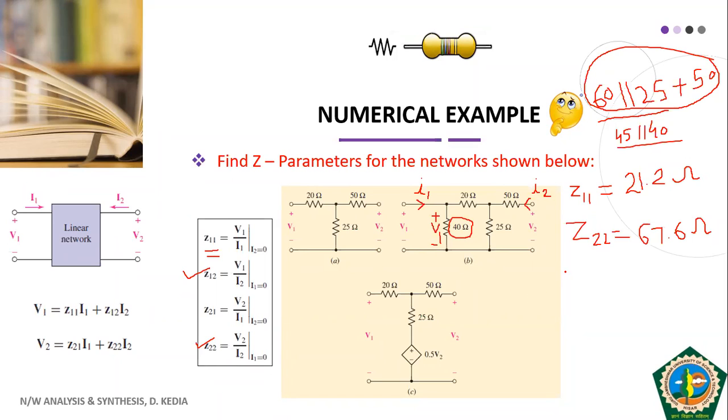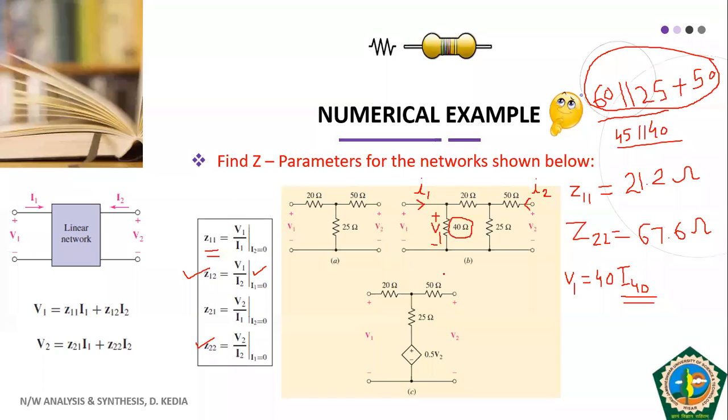So what will be V1? V1 will be equal to the resistance, which is 40, times the current passing through the 40 ohm resistance, I40. Fine. So if we can express this I40 in terms of I2, our job is done, because then we will be able to find the ratio of V1 upon I2.